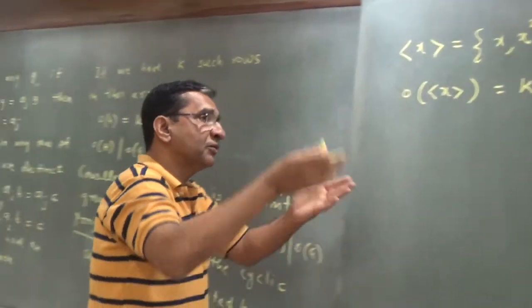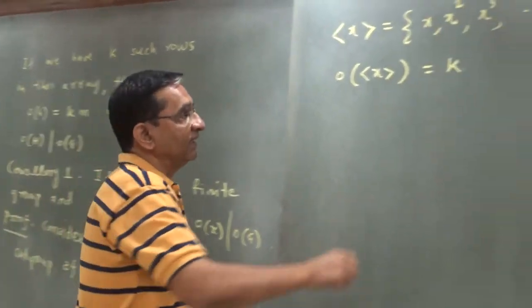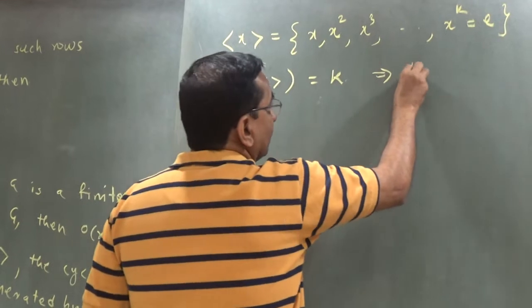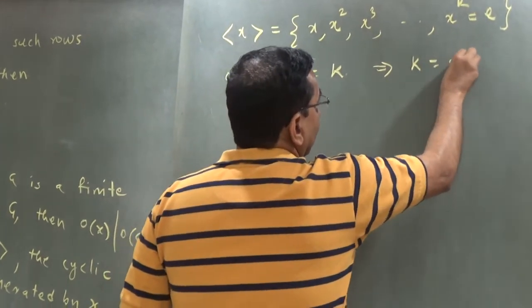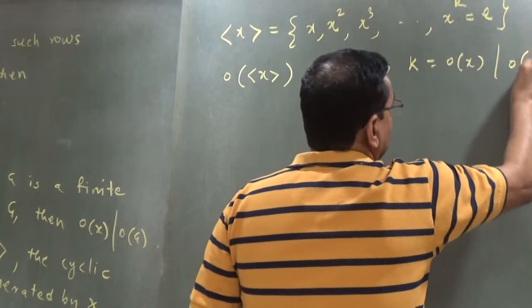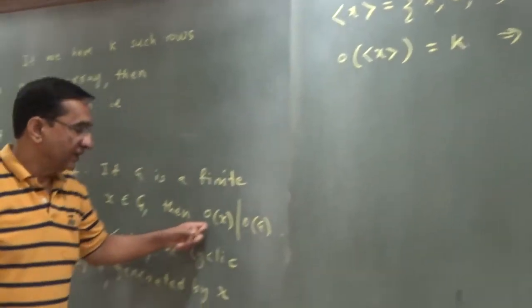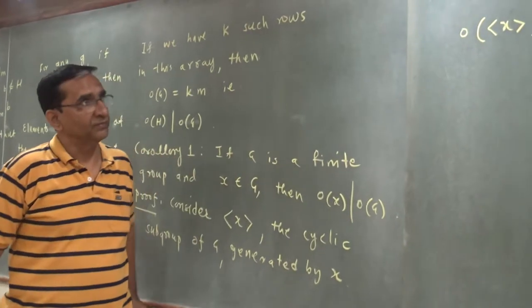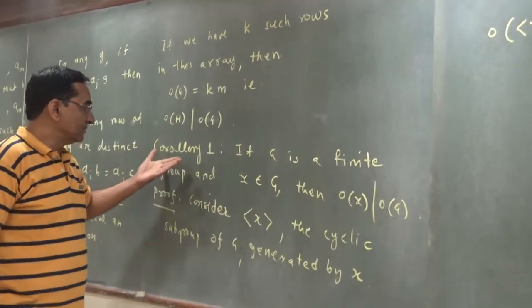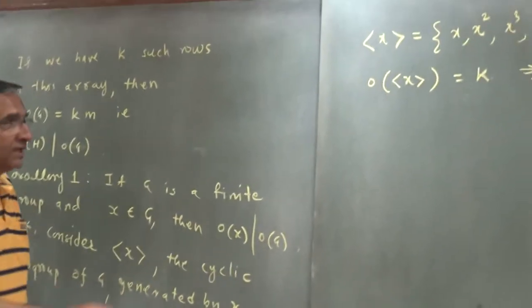But the order of any subgroup divides the order of the group. So k, which is the order of x, must divide the order of G. So the order of any element in a group divides the order of the group. That is one simple consequence of Lagrange's theorem.